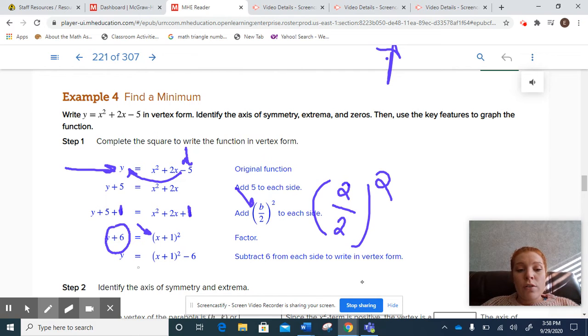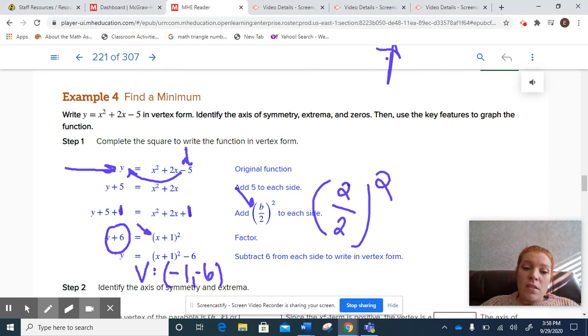Okay, the vertex of your graph was 0, 0. In this case, we went down 6 and left 1. That's what the transformations are, we learned about that. Or in other words, my vertex became -1, -6.